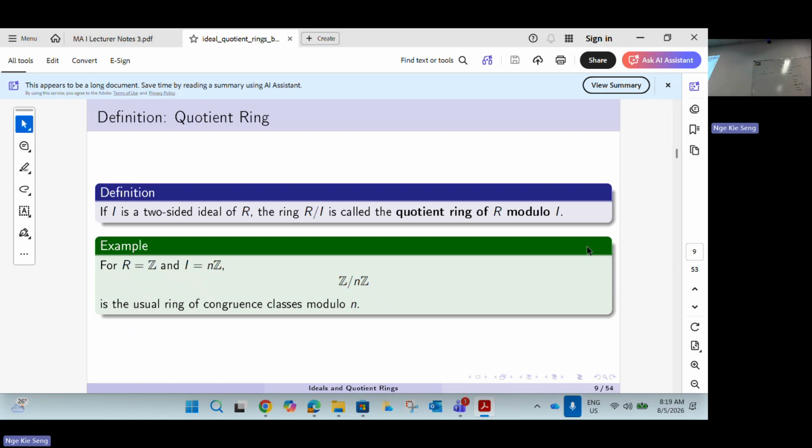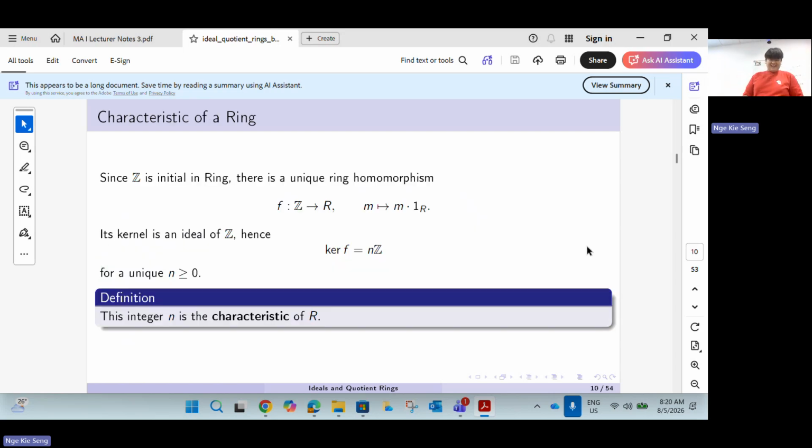Choose 2Z, then look at 4 exactly. Oh, you mean 4 is equal to 2 times 2, and then this m is unique. Okay, I get it. So you mean this is unique, so we don't use "or", for all, use the "there exists unique". Oh, okay, thank you.